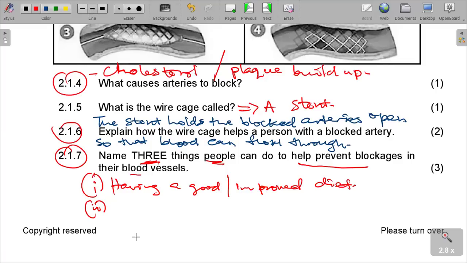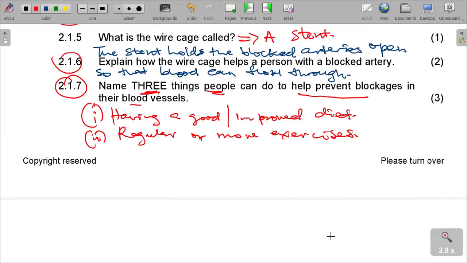Number 2, we can talk about regular or more exercises. People can do more exercises or regular exercises.